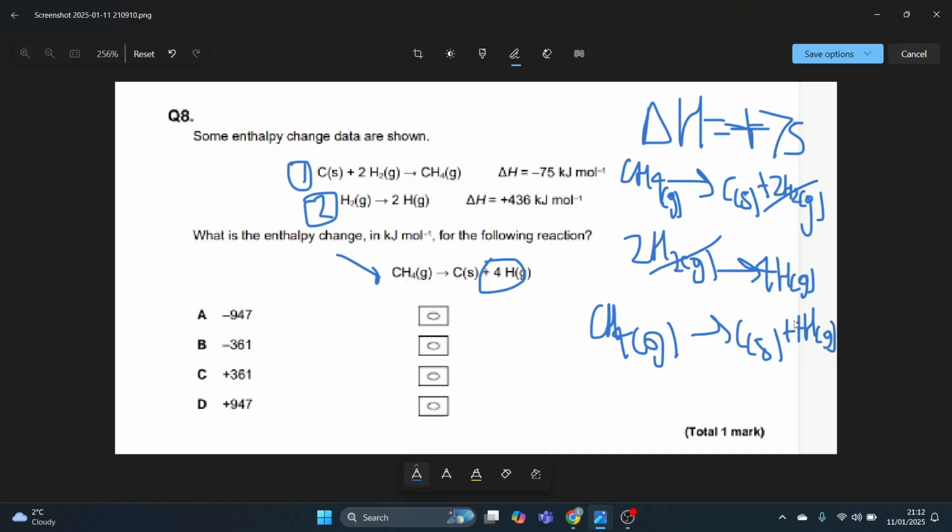Now how do we get to that point? Well, I've manipulated equation 1, I've times equation 2, so that's all I'm going to do.